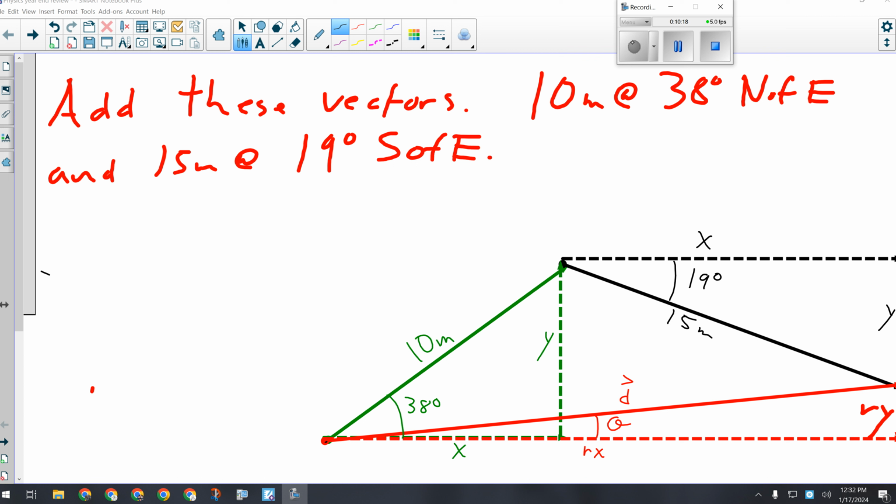All right, so the first thing we have to do is find all the x's and all the y's. We'll start with the first vector, which was colored green. Green x is going to be the adjacent side, so that'll be cos of 38 degrees times 10 meters.